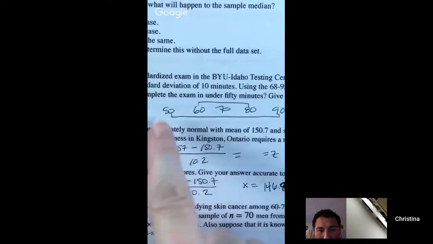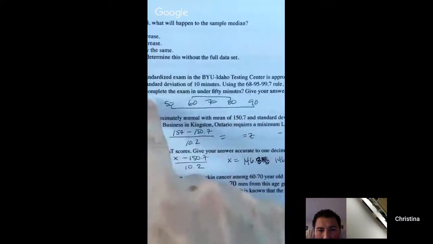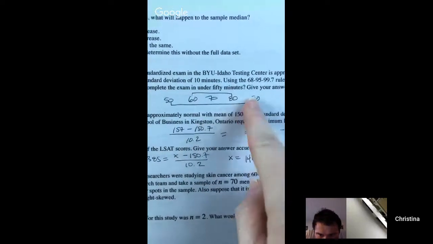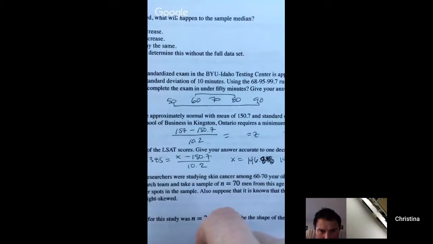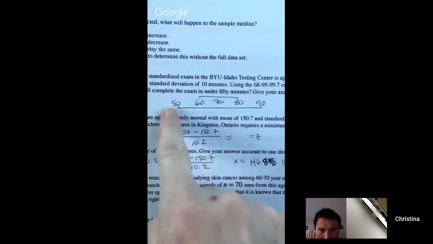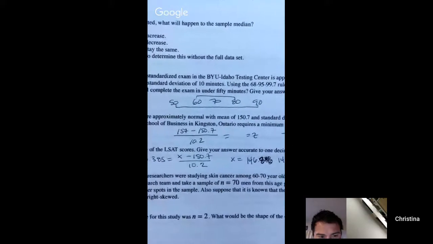Everything past here and everything past here will be 100% of the data. And so we want to know what this is. So if this is 100% and this is 95%, then this plus this must be 5%. And half of that would be 2.5%. That's how I got mine. That's the way I'm thinking about it.